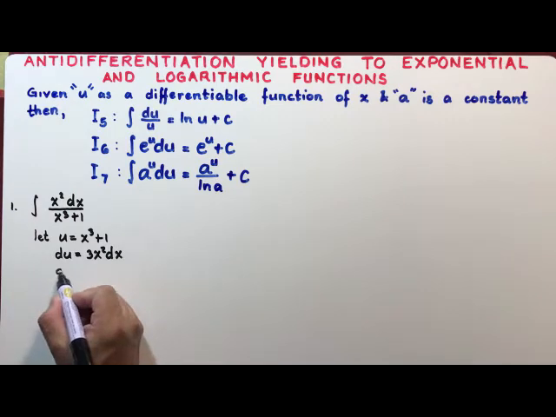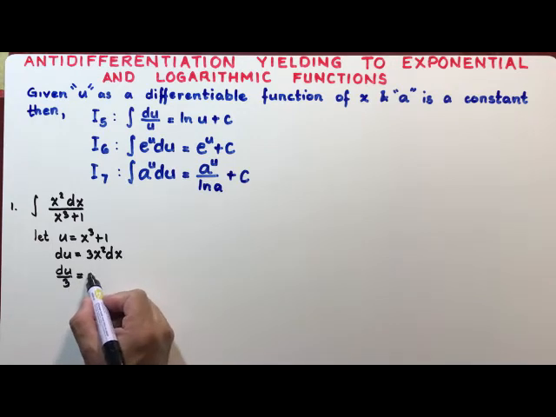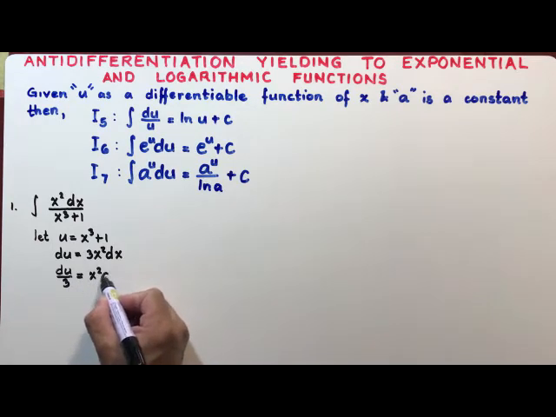So what I will do is divide both sides by 3. So du over 3 is equal to x squared dx.